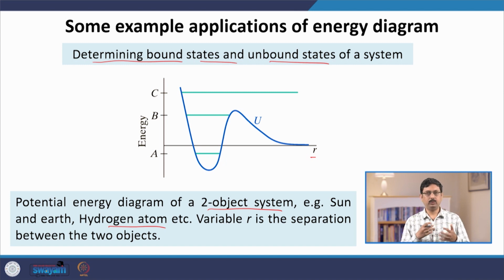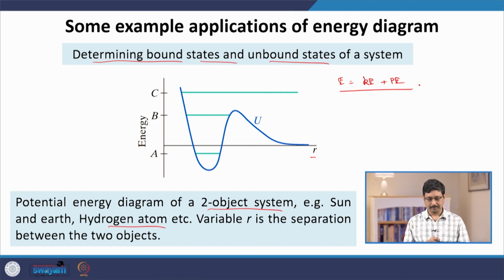Now, the system is moving, so it also has kinetic energy in general. The total energy of the system is given by the kinetic energy plus the potential energy. These green lines are the total energy of the system. We have shown 3 different values of the total energy.